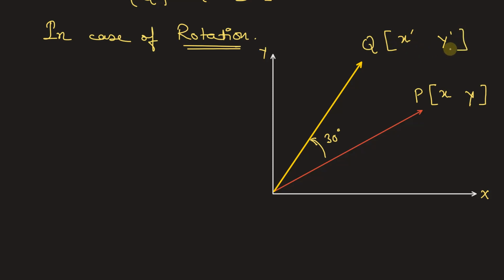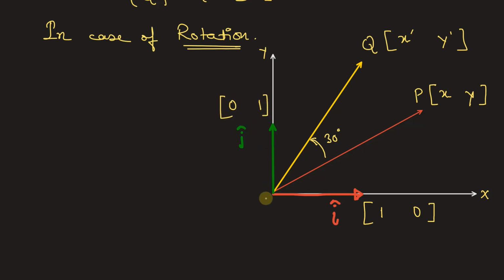In the question it is x, y, but let's assume it is x dash, y dash. And i hat and j hat are the unit vectors in the x and y directions respectively. So i hat can be written as 1, 0, because it's a unit vector, and for j hat we can write 0, 1.